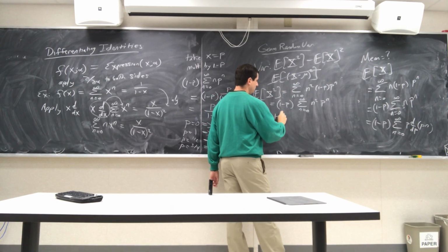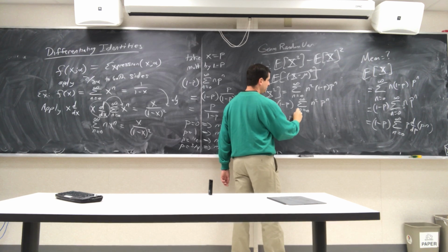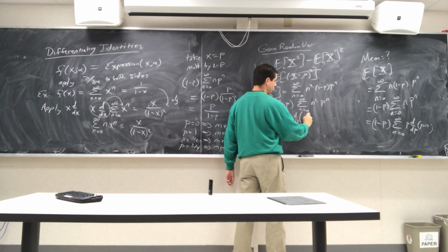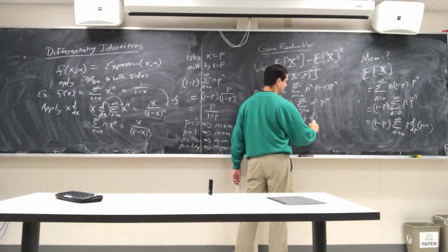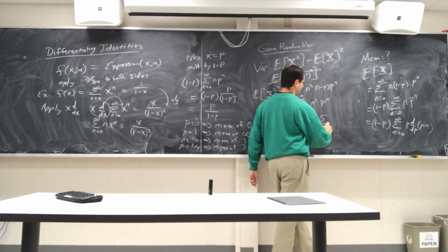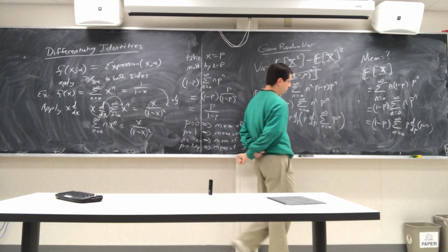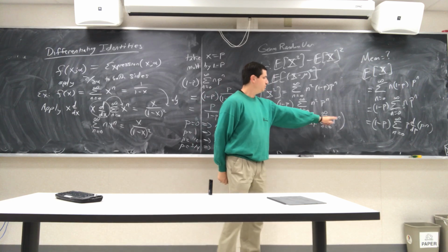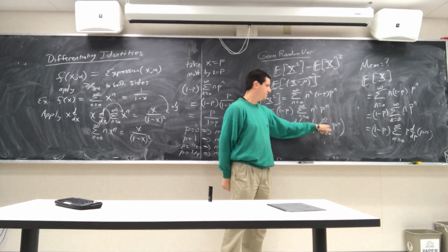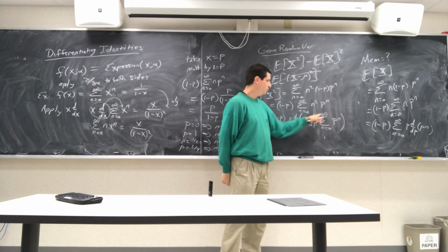This would be 1 minus p times p d by dp acting on p d by dp of the sum, n goes from 0 to infinity, of p to the n. We differentiate once, we get n p to the n minus 1, times p is n p to the n. Differentiate again, we get n squared.